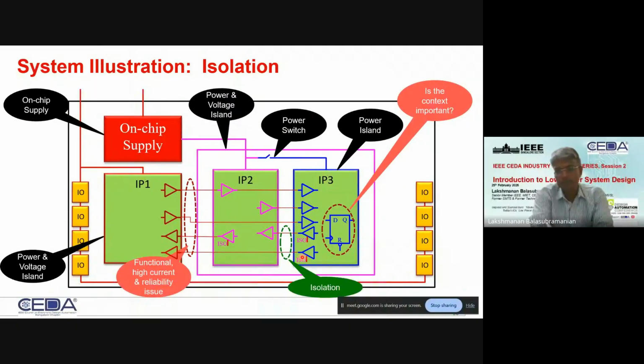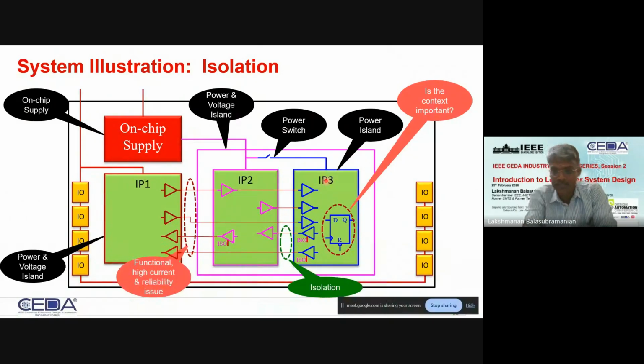Only those primary interfaces, I can control in such a way that they are defined at a known, safe voltage level, a safe logic level, with a control signal saying I'm isolating the signal so that the system will not see undefined voltages. So that's called isolation. There are various types of them. I won't get into the details in this presentation, in the interest of time.